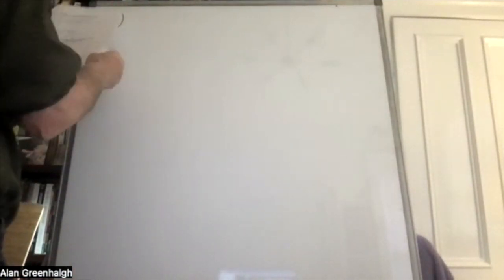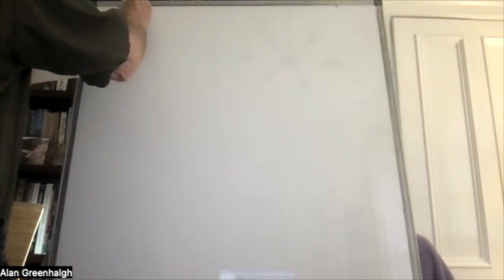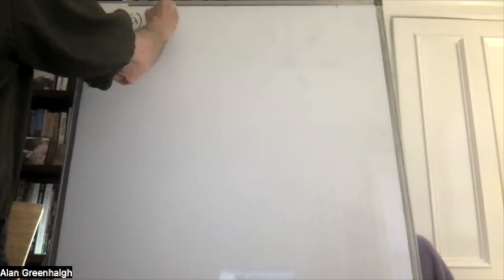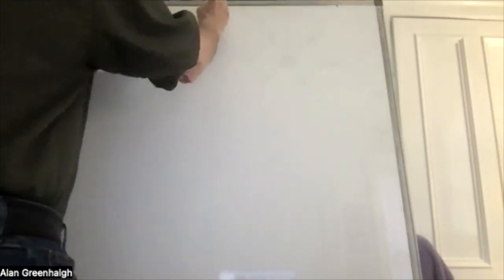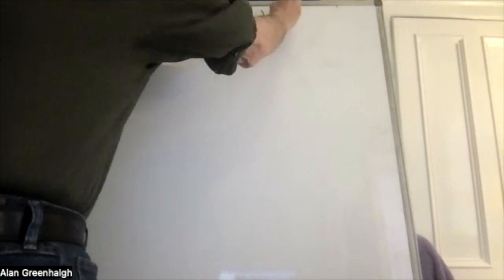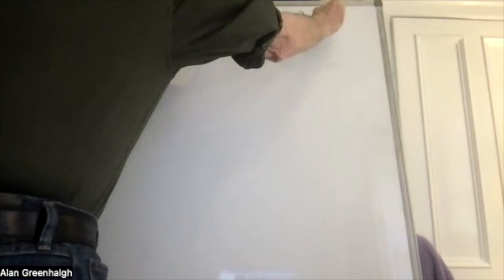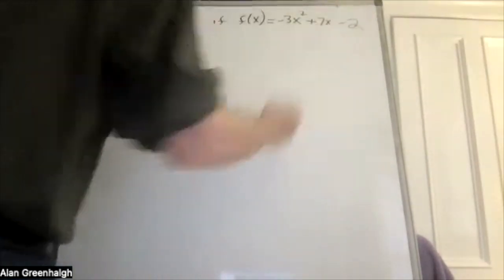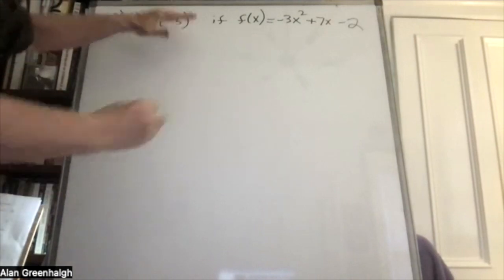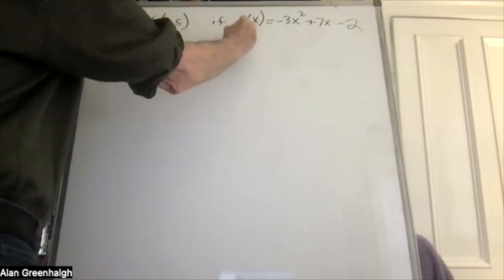Here's problem number 10, the last question. Part A says, find f of -5 if f of x equals -3x squared plus 7x minus 2. And all that's saying is, instead of the x, substitute the -5.